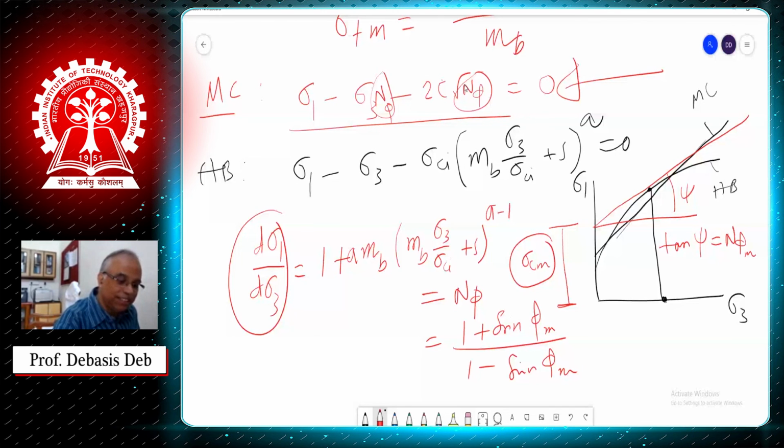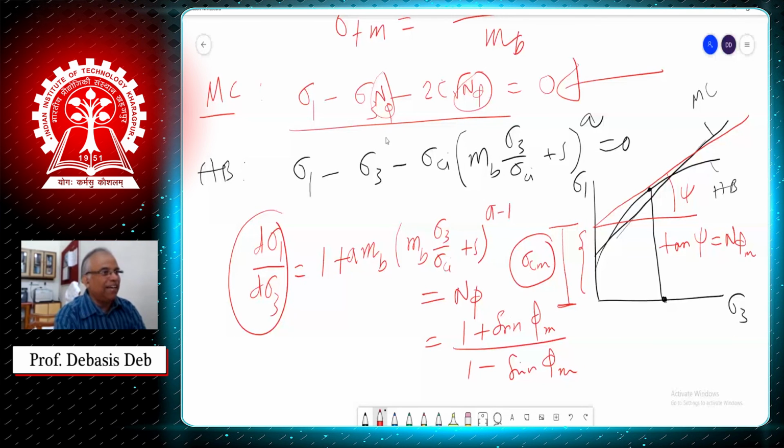This part. So using that Mohr-Coulomb criteria, you will be able to calculate it. Or should I write? It is in the book, the formulas are all given. So you can find that out.